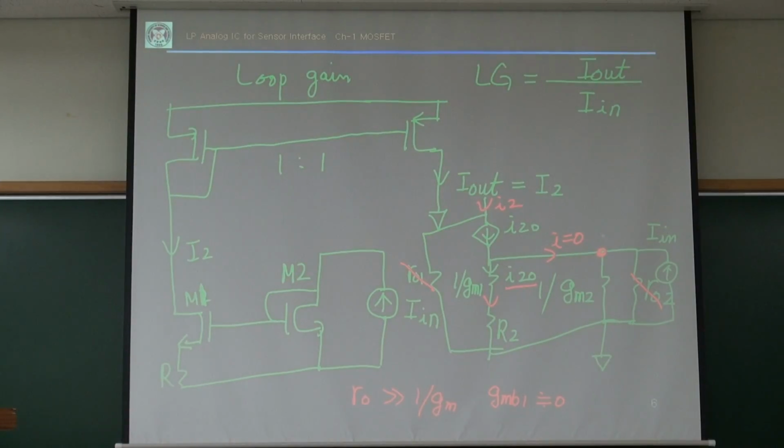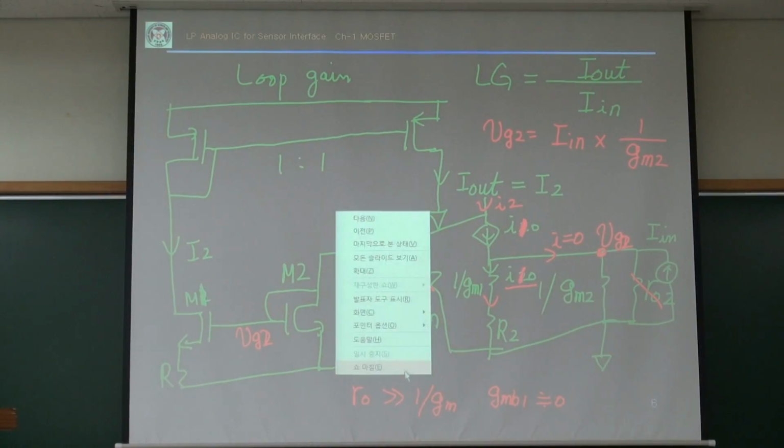So this voltage is VG2, and VG2 is only I in times 1 over GM2. Then I can calculate easily I1, because this is M1.